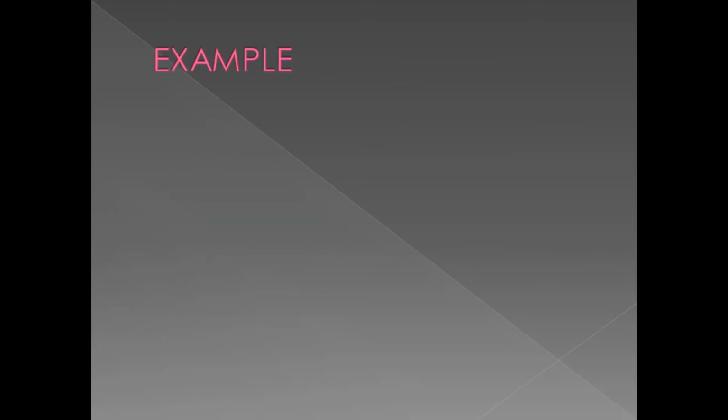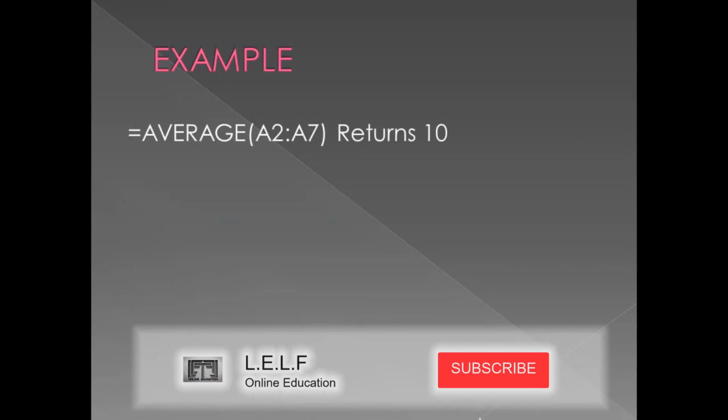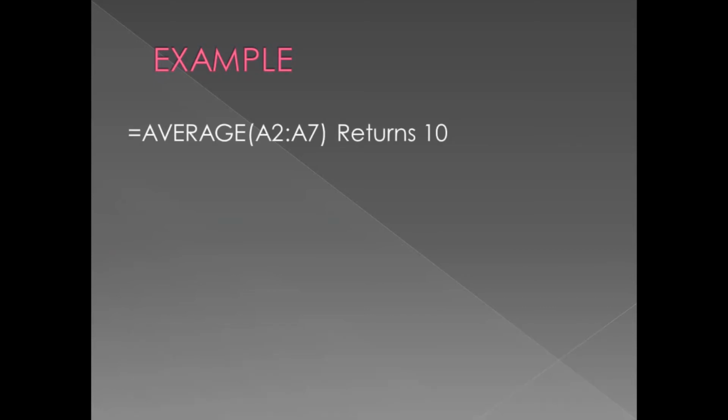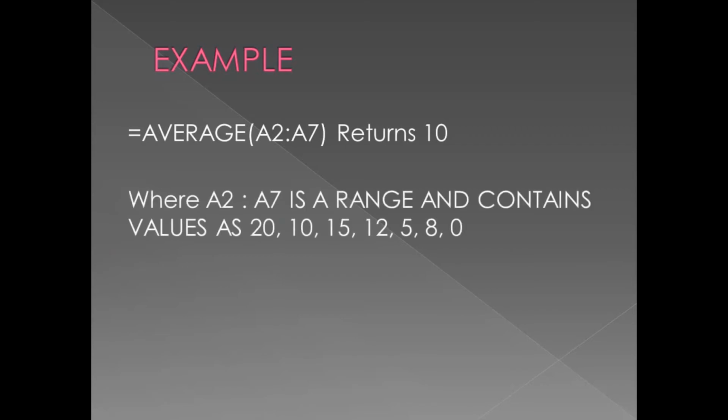Let us see some examples. Equals to average A2 colon A7 will return 10, where A2 colon A7 is a range of cells that contains the values 20, 10, 15, 12, 5, 8 and 0.